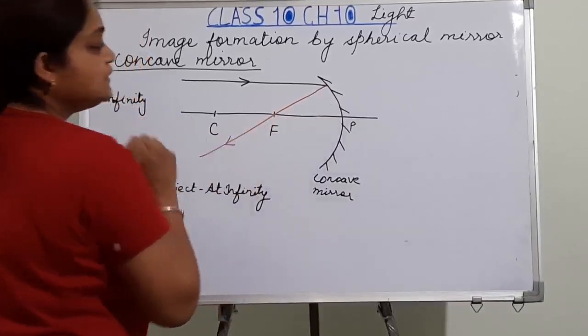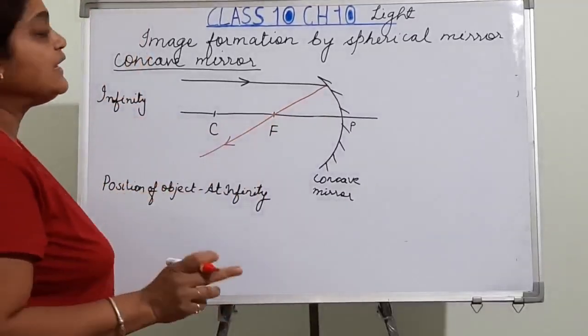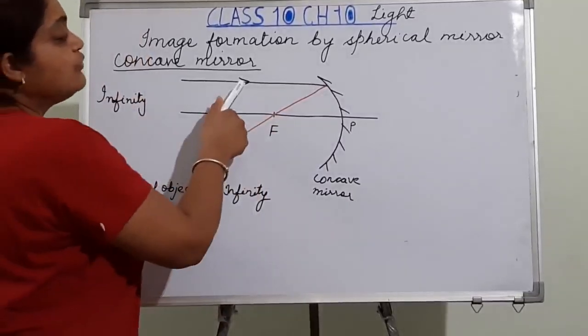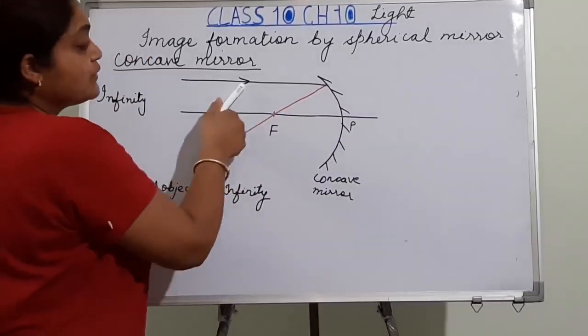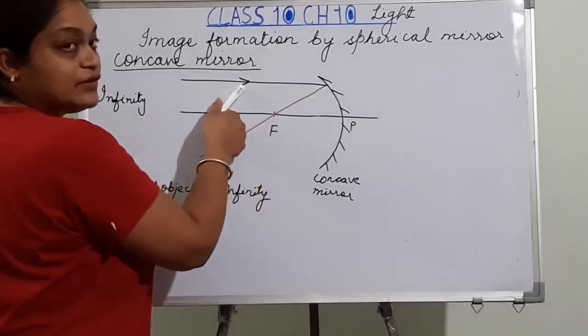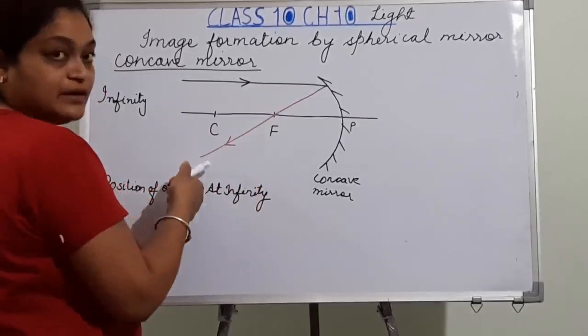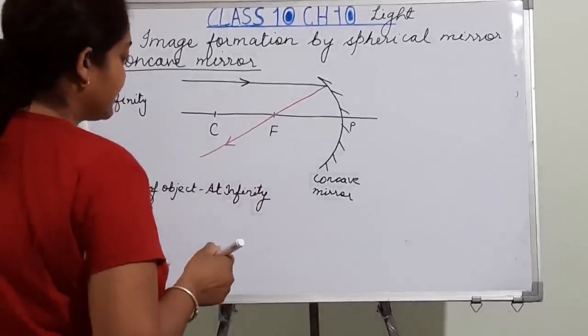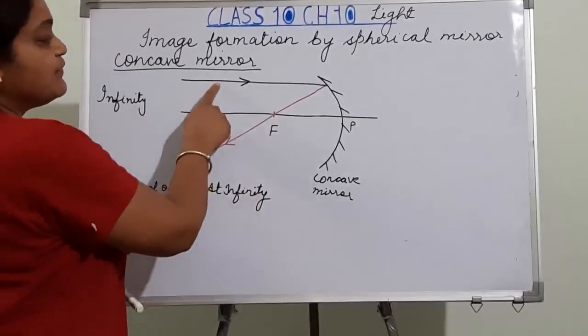So this is the reflected ray. While drawing the ray diagrams, you should remember that you have to put the arrow towards the mirror for the incident ray, and out of the mirror for the reflected ray. Okay, now this is the first ray I have taken.